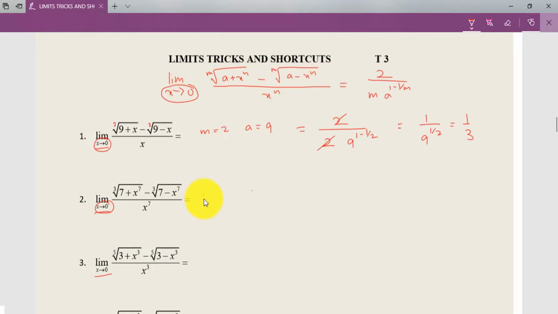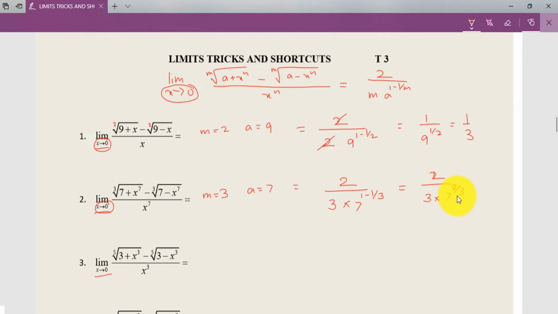So here the value of m is 3 and the value of a is 7. So simply write 2 over here by the formula, and here you write 3 into 7 to the power 1 minus 1 by 3, which will give you 2 divided by 3 into 7 power 2 by 3, right?